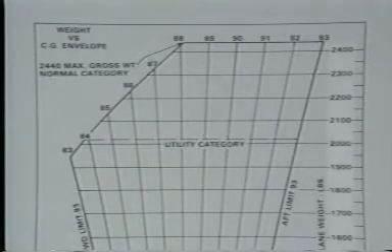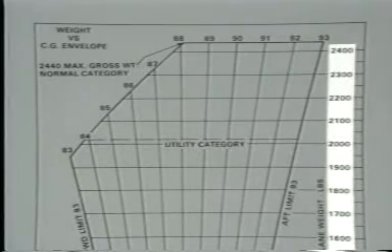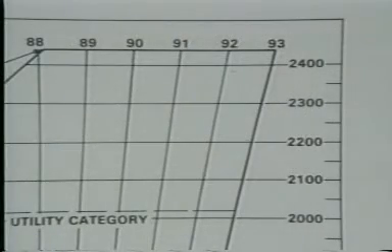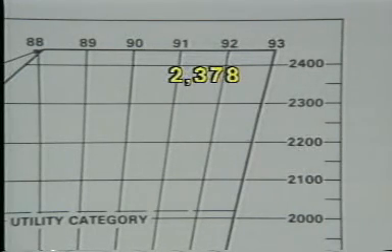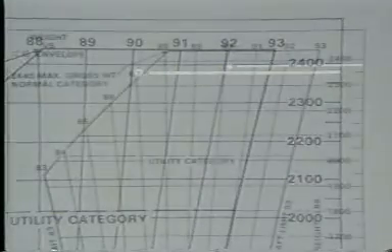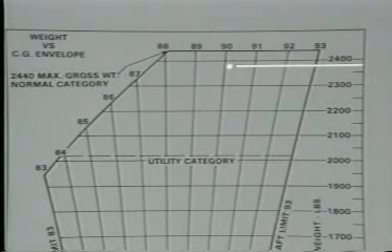In this example, the numbers on the right represent the airplane's weight, and the numbers on the top represent the CG location. Enter the graph on the right at the number that matches the total weight of the airplane, which in this case is 2,378 pounds. Then move to a point just right of the 90-inch aft CG location. Since this point falls within the approved CG envelope, your airplane is properly loaded.